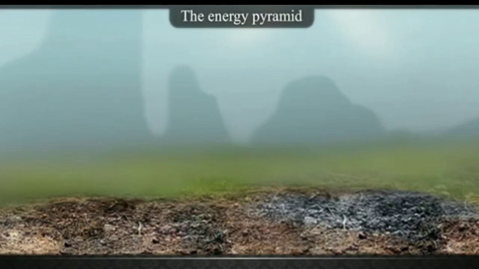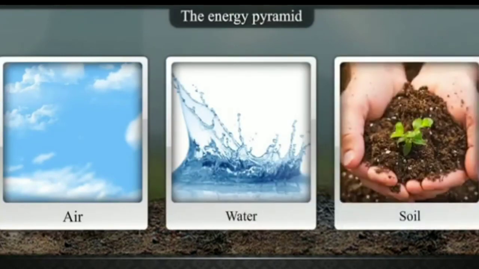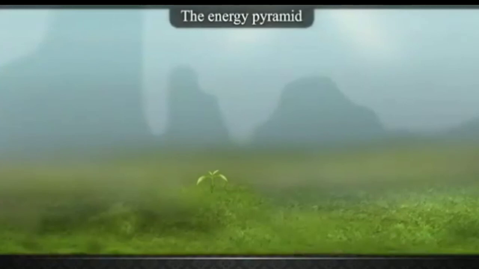These substances easily mix with air, water and soil, from where they are again absorbed by plants and incorporated into the food chain. You can see now that due to the food web formed by various modes of nutrition, energy and various nutrients circulate continuously in the ecosystem.